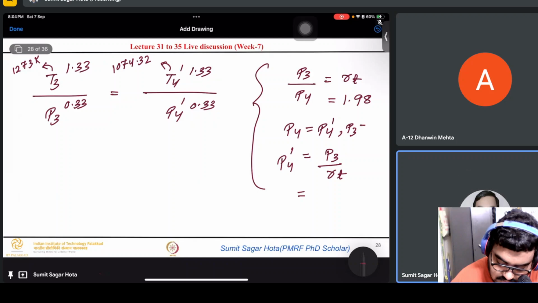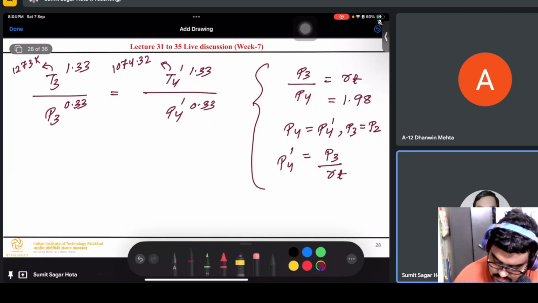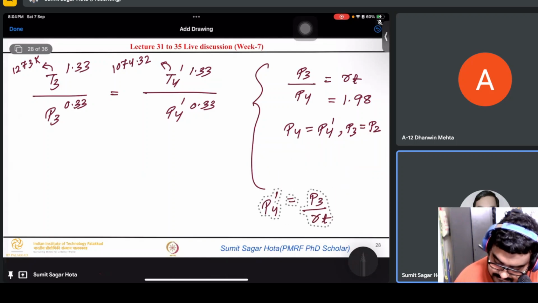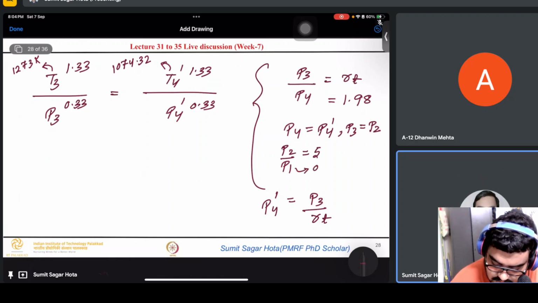P3 is equal to P2. And you also know P2 by P1 is equal to what? 5, and P1 is your 0.6863 bar.